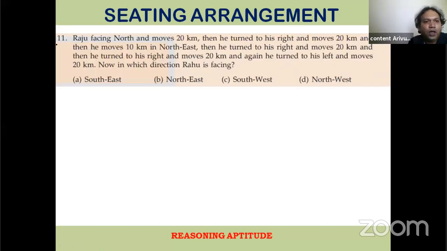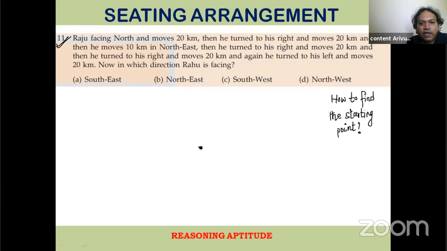Now, one student has posted this question in the WhatsApp group with the request of understanding how to find the starting point. First of all, we don't have to worry about the starting point. I don't really get the meaning of this question, but there's one thing to understand.